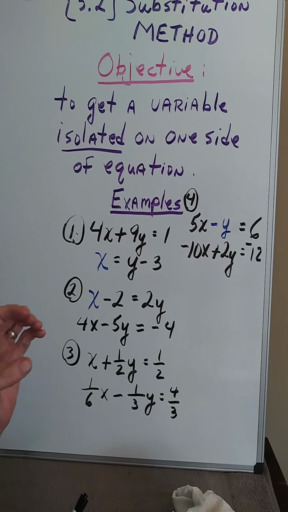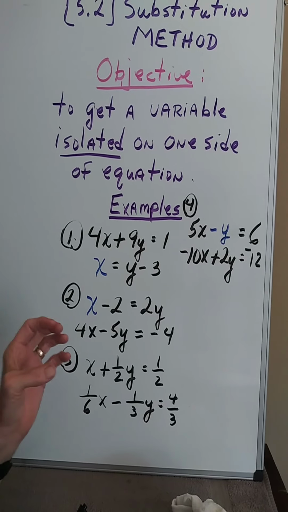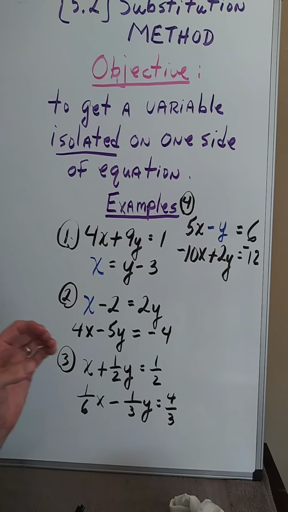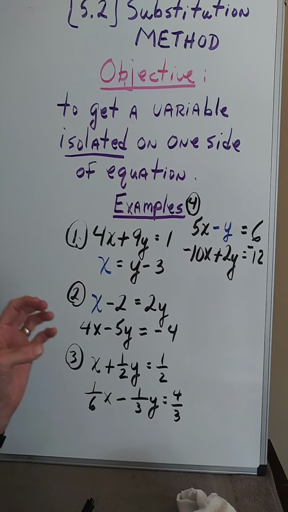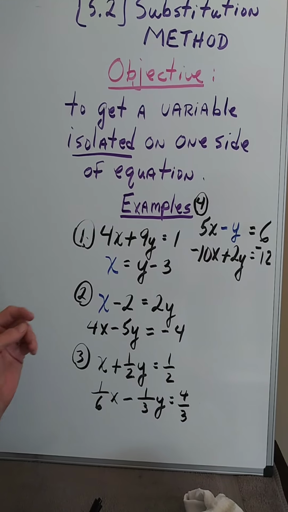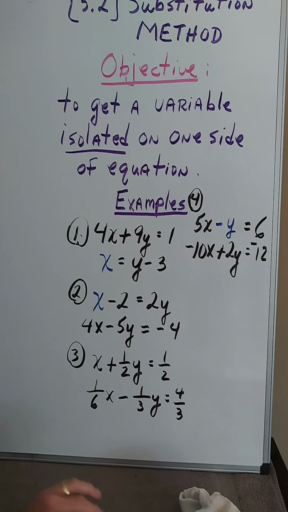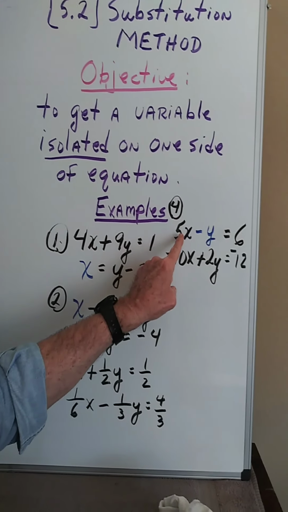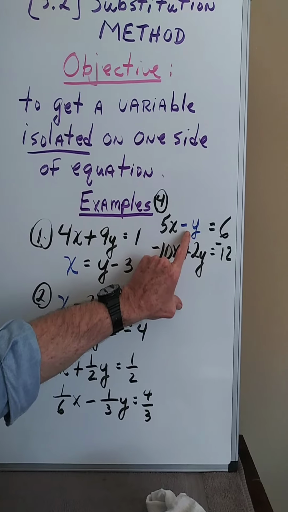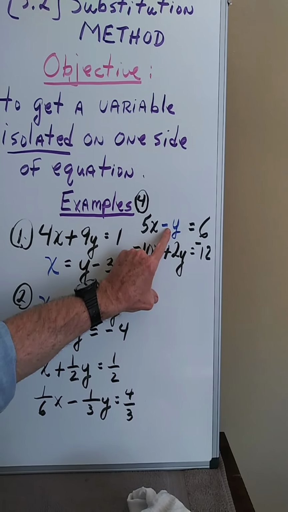In order to use the substitution method, one of the equations of the system must be solved for one of the letters, either x or y. Either the x has got to get alone or the y has got to get alone. On system number 4, notice that the coefficient of y for the top equation is a negative 1.